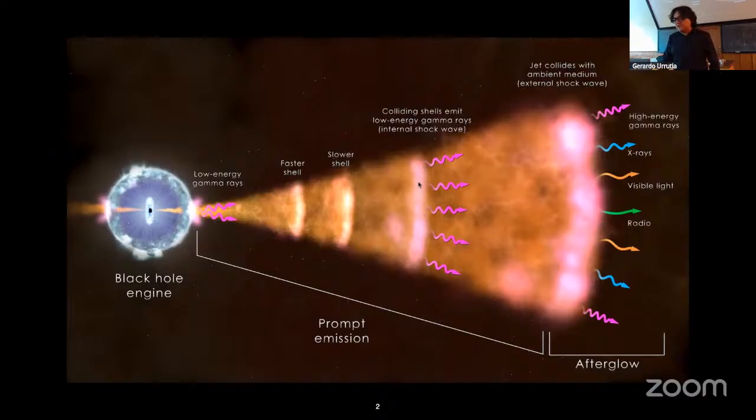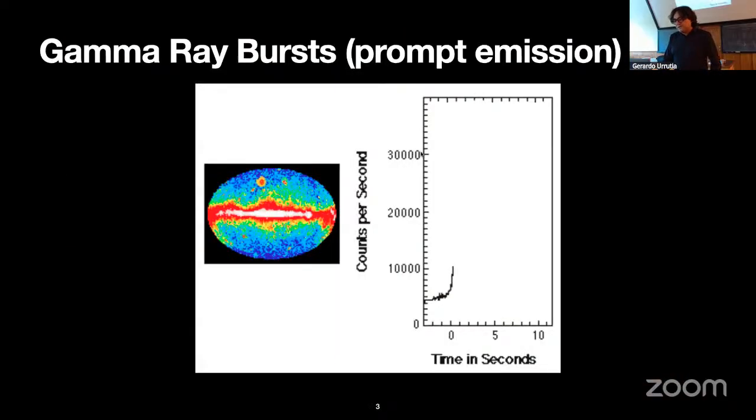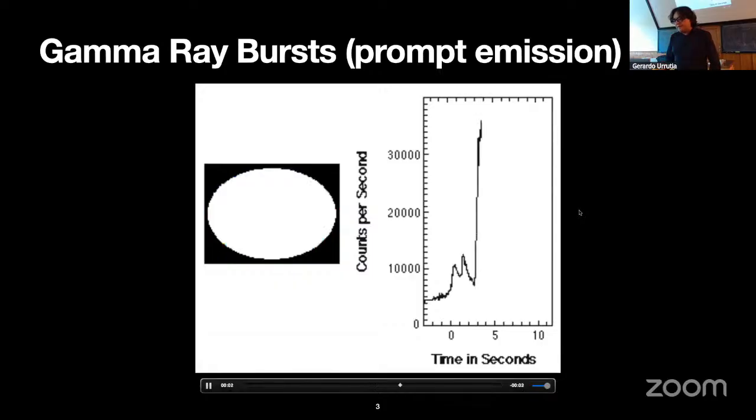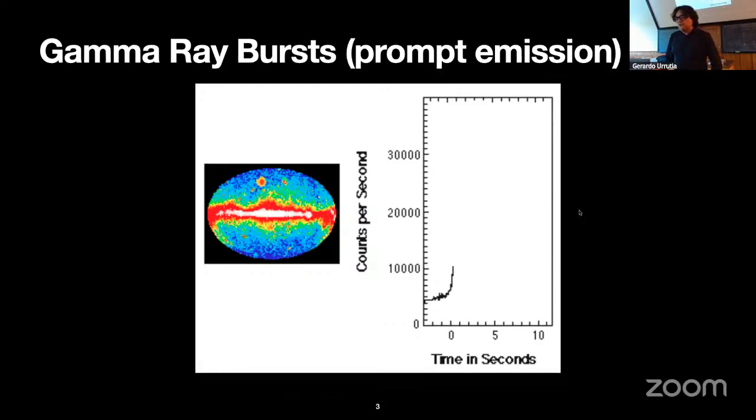The first emission takes place at 10^13 centimeters, and 10^16 is the second stage of the deceleration of these jets. So one of the challenges of modeling these jets is to simulate self-consistently, with the central engine, the propagation of the jet.